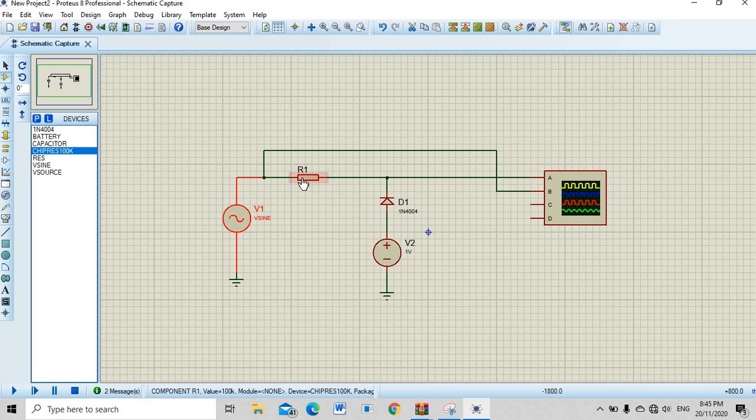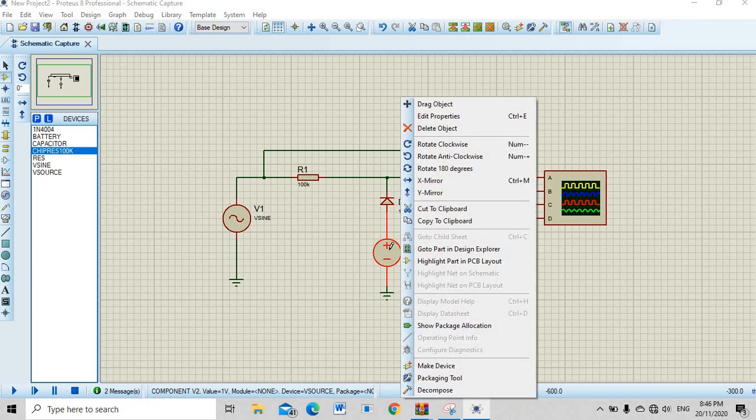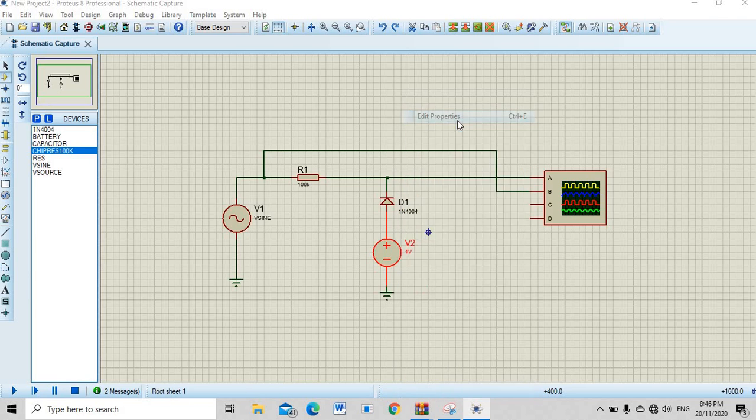Then we search in the library, the broad library, and put a 100k ohms resistor here, and a diode 1N4004, and also a V source, which is a voltage source, and the value of voltage we set according to the instruction is 1 volt.